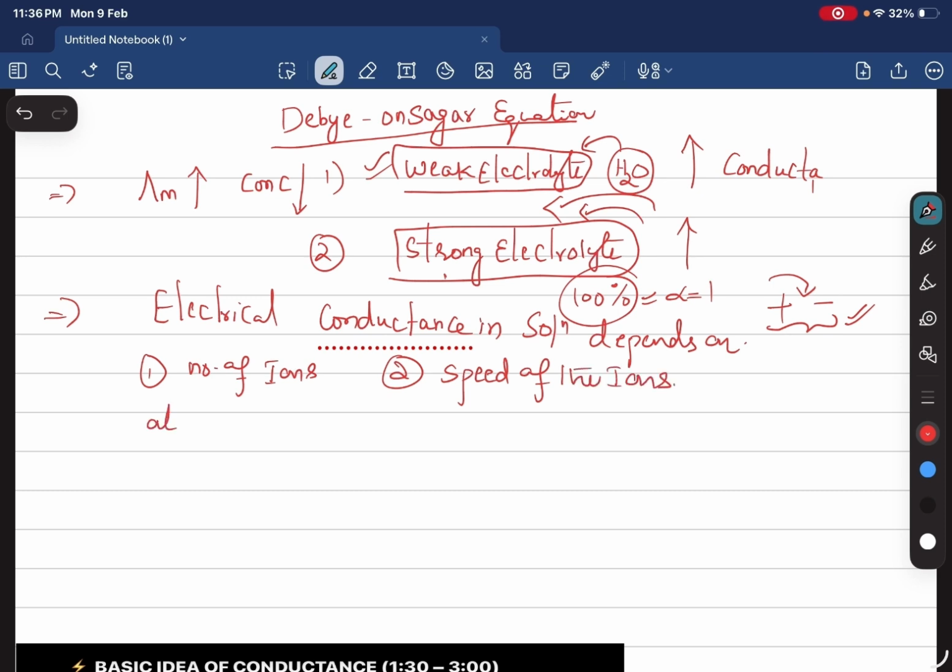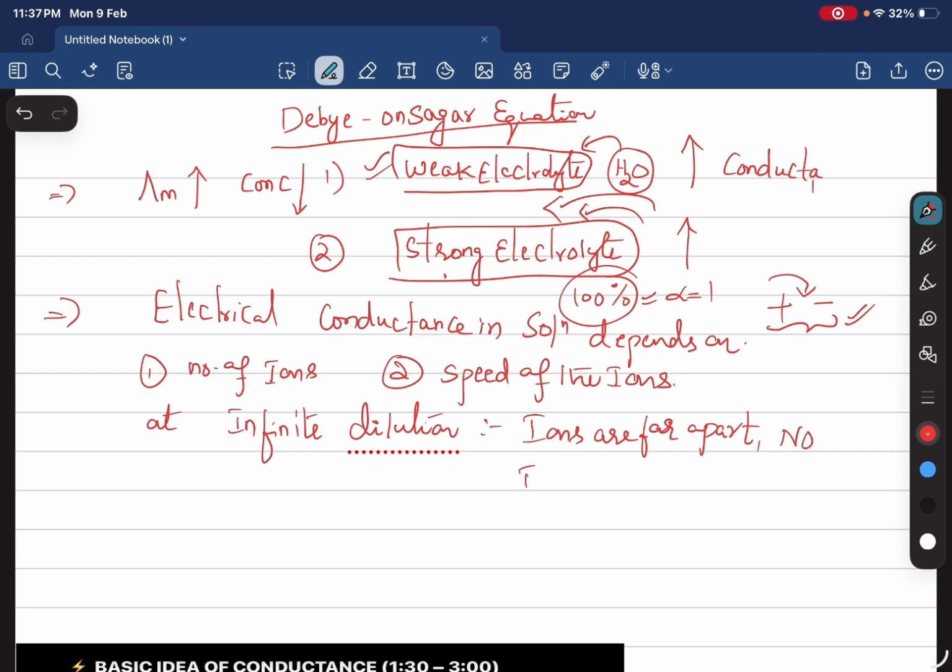So at infinite dilution, ions are far apart. Ions will move away from each other, far apart, with no ionic or inter-ionic interaction, and mobility reaches the maximum.